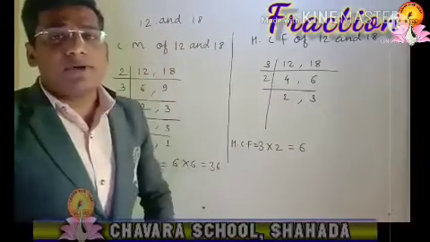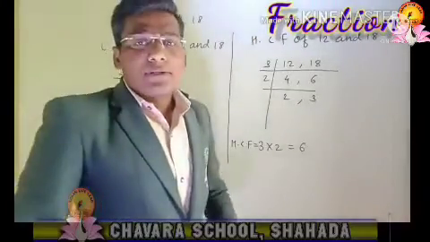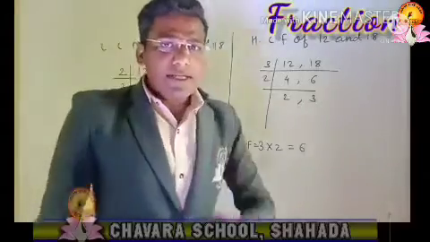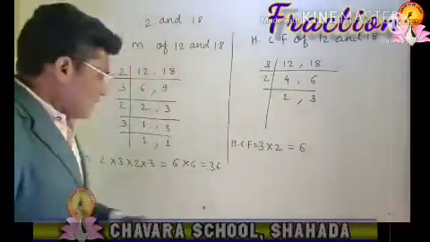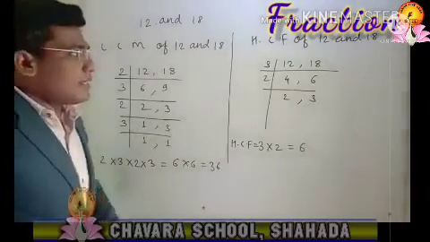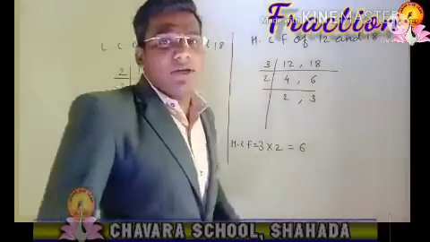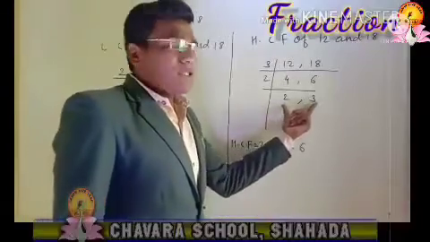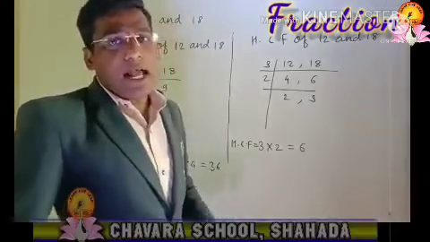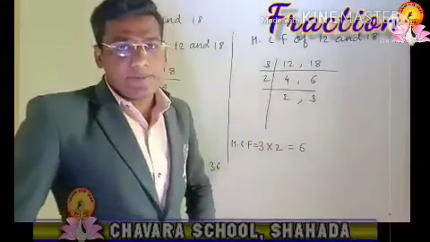This is how we can find the HCF of any values. The condition is that in the LCM you have to divide until the answer becomes 1, and in the HCF we have to divide until both numbers are not divisible by the same number, as you saw in this example.